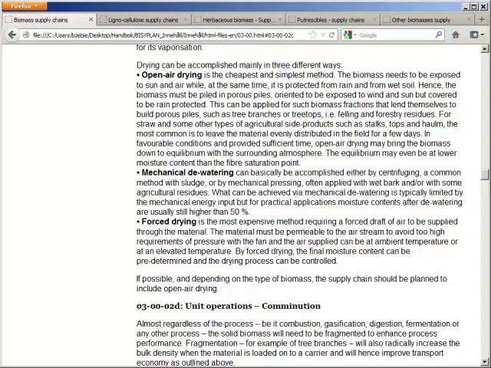And in many cases you would prefer to have a pumpable material for these processes, so you would go for water contents that are well above 90%, or at the very least well above 85%. So for biochemical conversion, drying is not a problem.